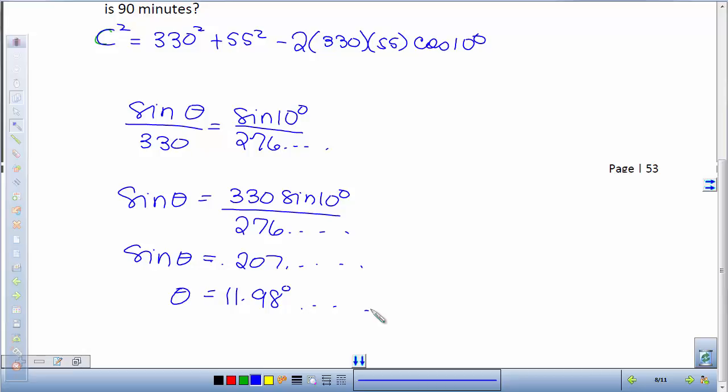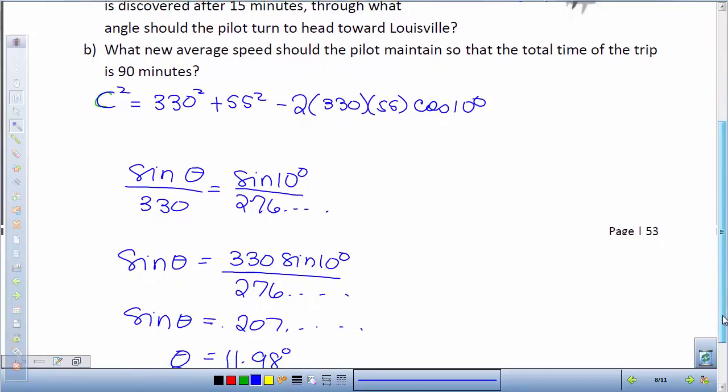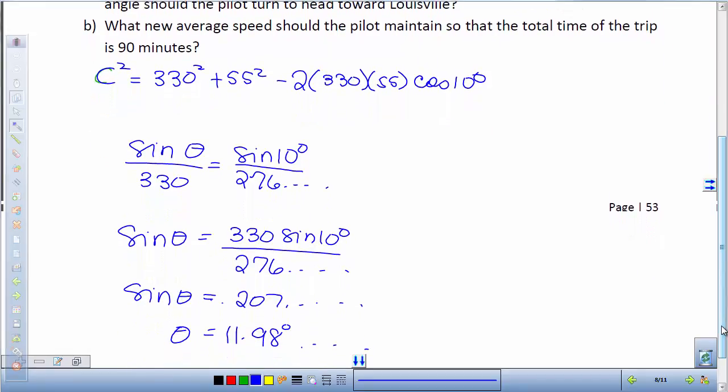Is that our answer? No, because he's making his turn out here, right? 180 minus that would give us the angle through which he needs to turn. Also, we would need to consider the other answer, a theta prime that would be 180 minus 11.98. I'll spare us doing this because I know it won't work out.